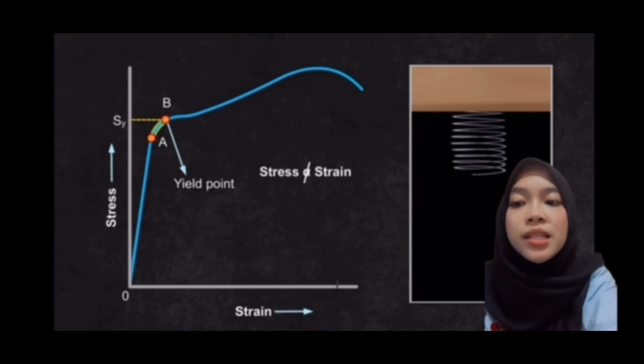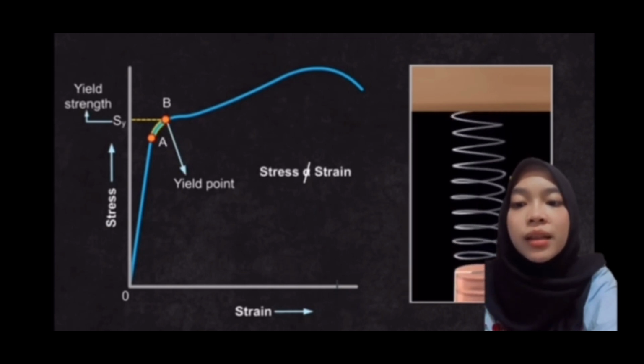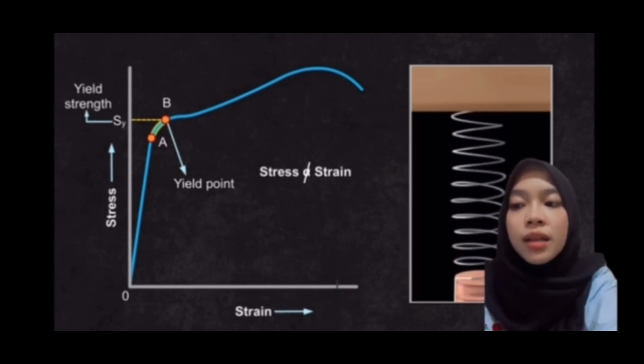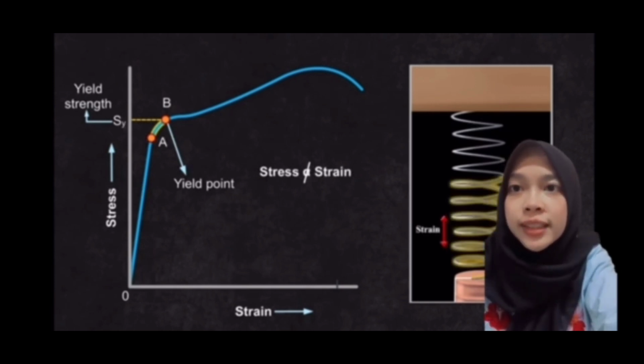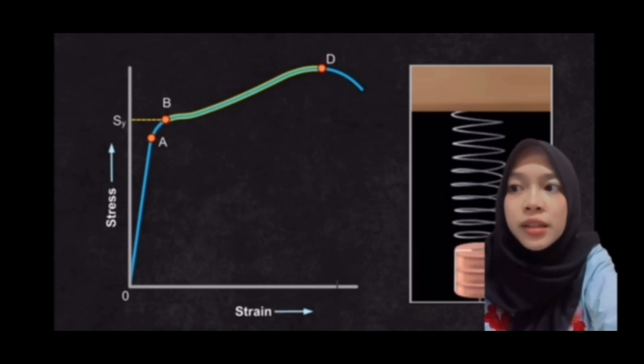The point B is known as the yield point, or also the elastic limit, and the corresponding stress is known as the yield strength. If the load increases further, the stress develops beyond the yield strength. The strain increases rapidly even though there is a small change in the stress. This is represented by the curve BD.